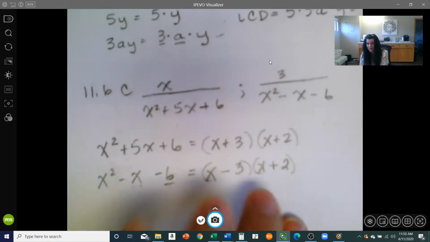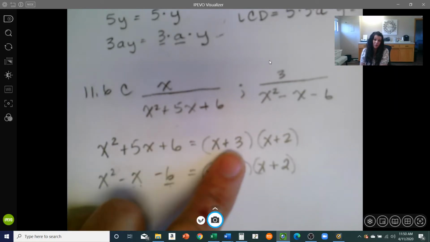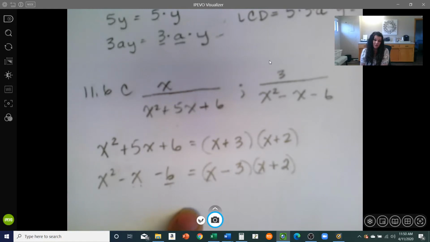I'm hoping these are getting to be fairly quick for you to be figuring out. If they're not, maybe look up something to practice them more, or let me know. If factoring something simple like this is still causing you grief, let me know and I can find some stuff for you or just help you directly.